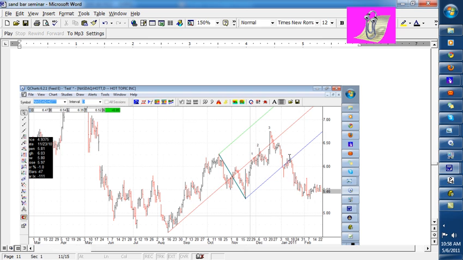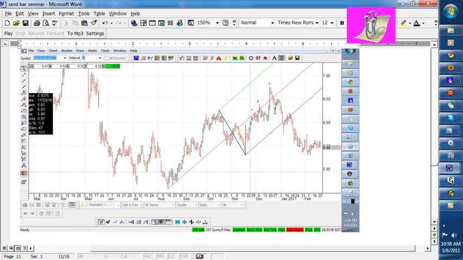However, I can wait for some kind of up move, which doesn't always happen. But it's real normal to get that reversal that's really swift. And these are daily bars.